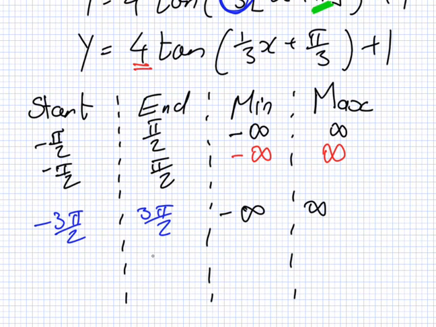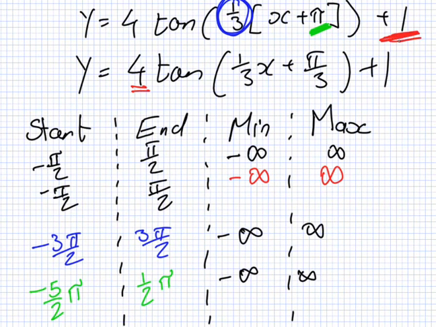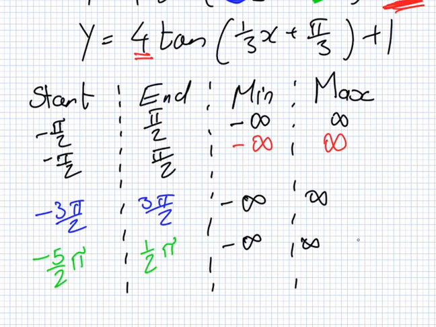So it will be pi to the left: minus 5 over 2 pi, 1 over 2 pi, minus infinity. And finally the plus 1, what will that do? Go up 1 unit. So this here will change, and this here is infinity.